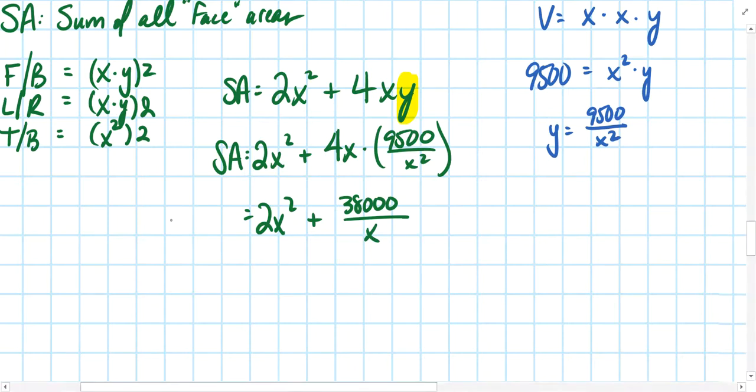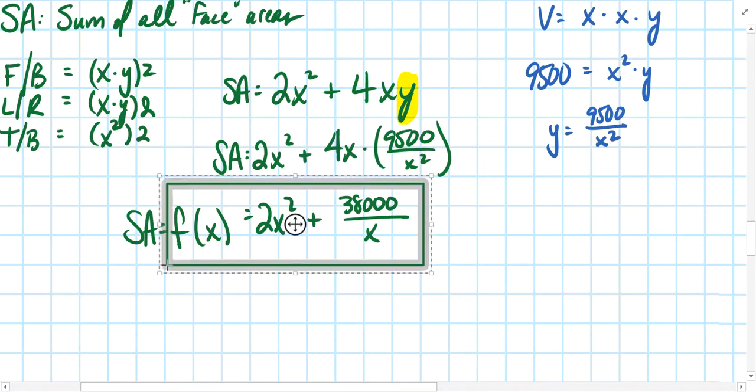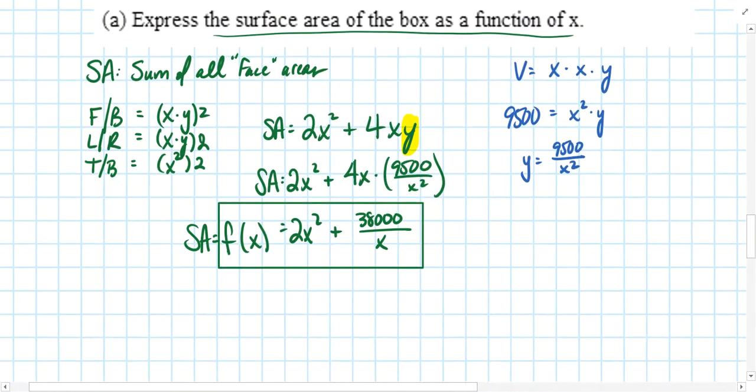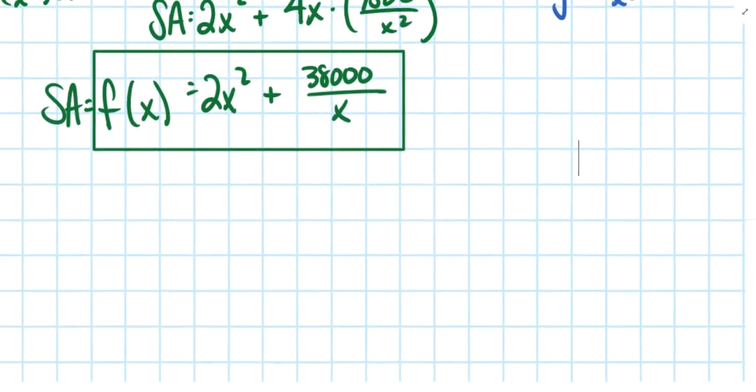And now we've got a formula, surface area, which is a function based on only the letter x at this point. And if this was a polynomial, then we could use the exact same analysis tools from so far this week to finish analyzing it and looking for specific results.